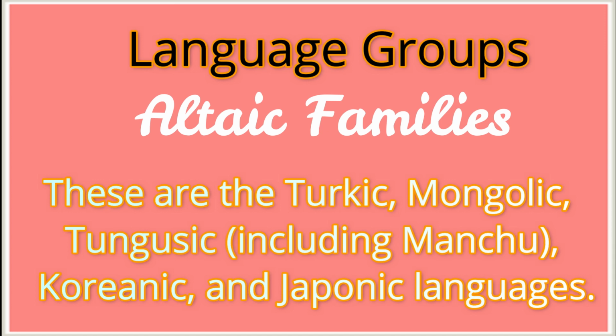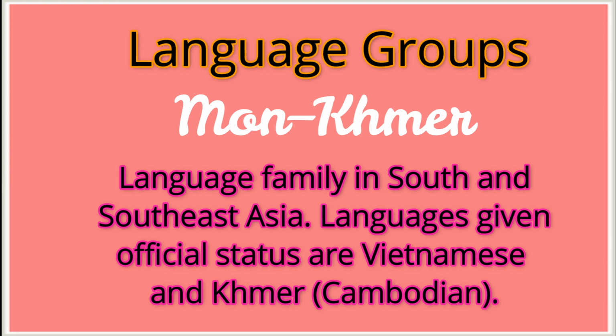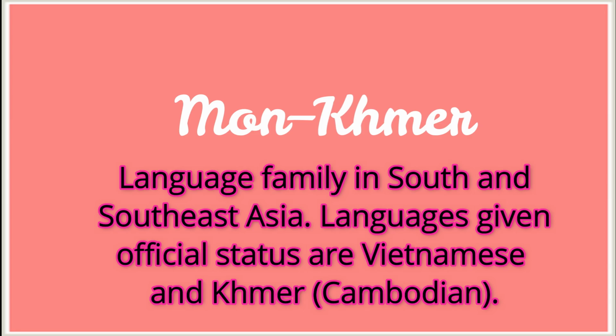Altaic families. These are the Turkic, Mongolic, Tungusic, including Manchu, Koreanic, and Japonic languages. Mon-Khmer, a language family in South and Southeast Asia. Languages given official status are Vietnamese and Khmer, or Cambodian.